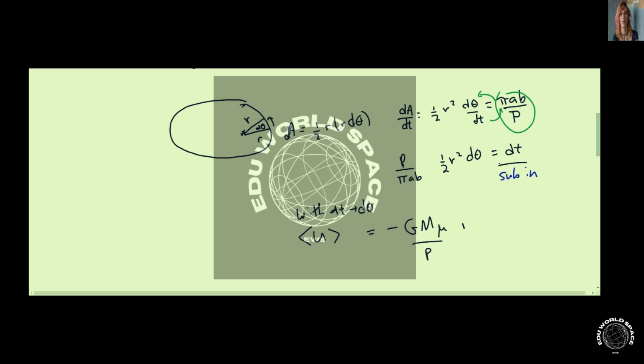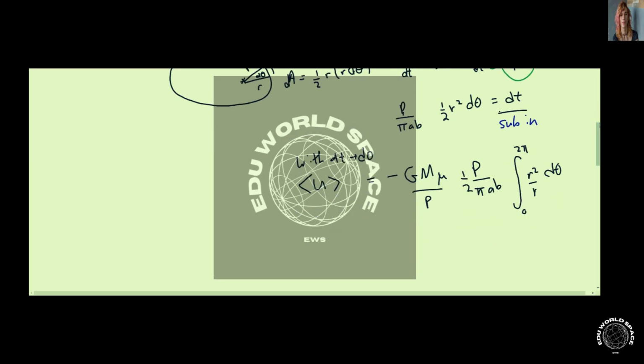Okay, and then we've got all this 1/2 pi in the denominator, ab. And then inside the integral, we've got r squared over r d theta from 0 to 2 pi. And life will get good.